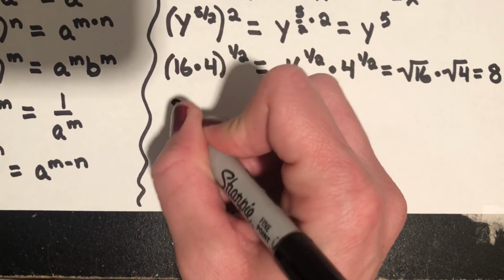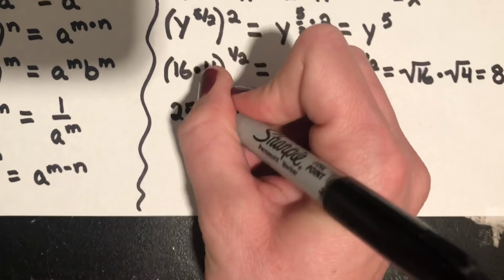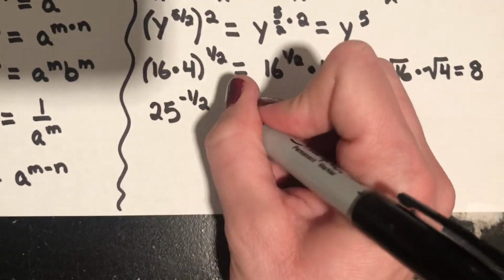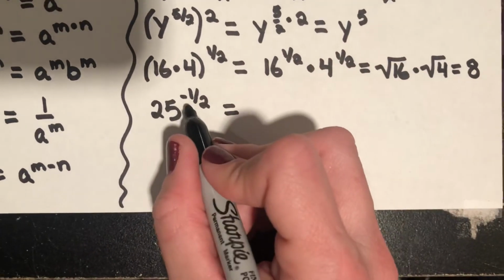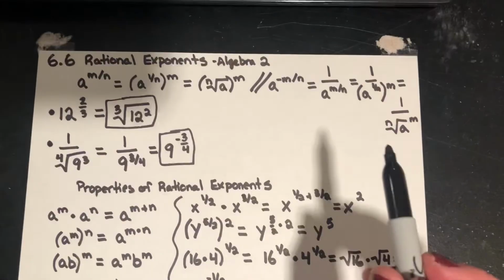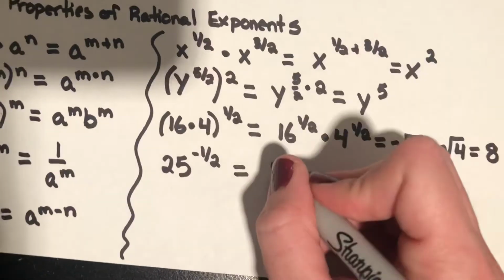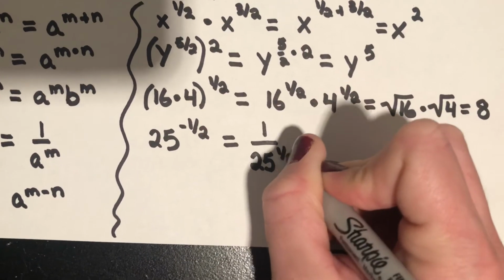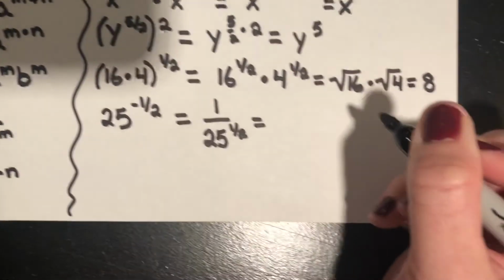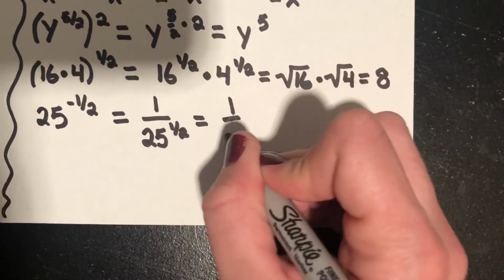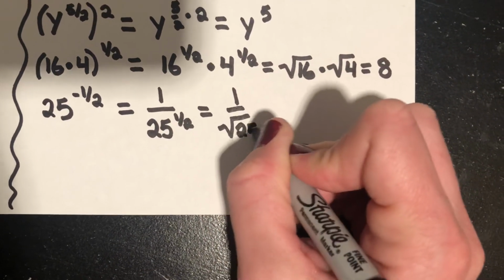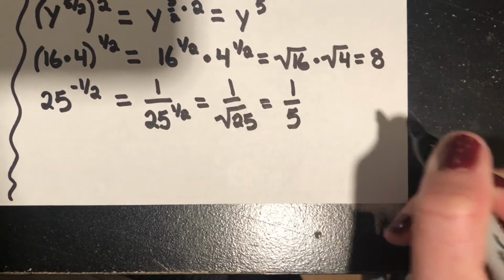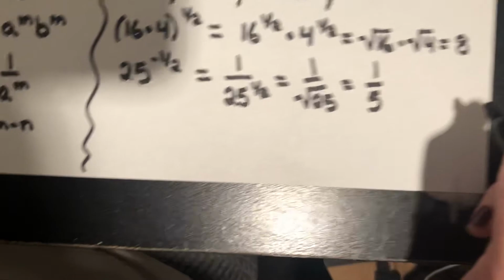All right, 2 more here, guys. Let's go 25 to the negative 1/2 power. Again, anything to the negative power, we worked with this up there. Anything to the negative power, we have 1 over 25 to the 1/2. This is the same thing as saying 1 over root 25, which root 25 exists, and that is 5. So 1/5 is our answer.